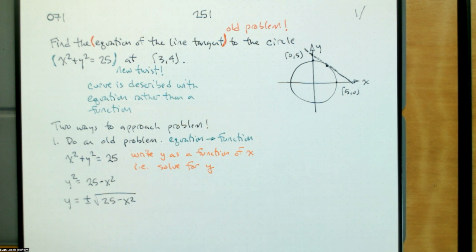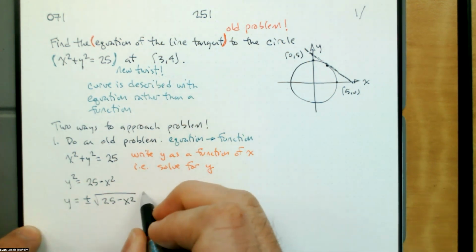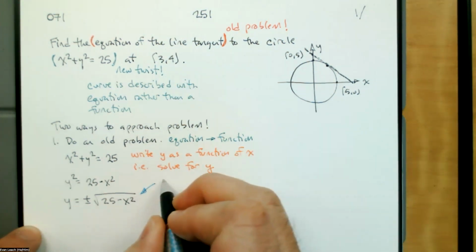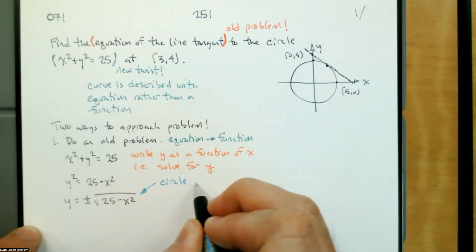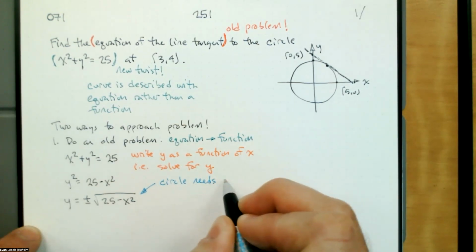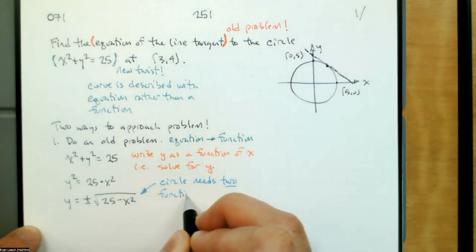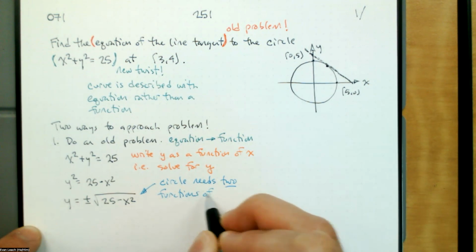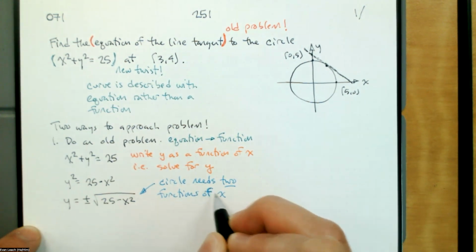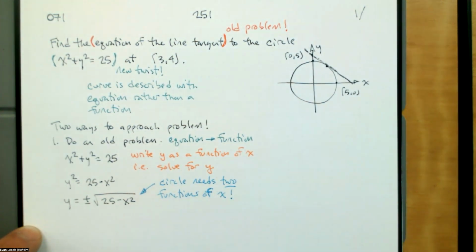We end up with two functions. This circle needs two functions of x.